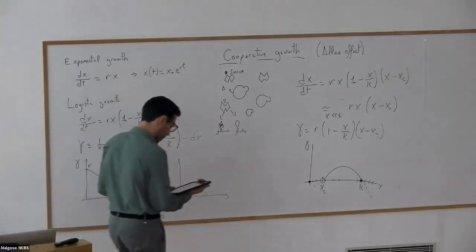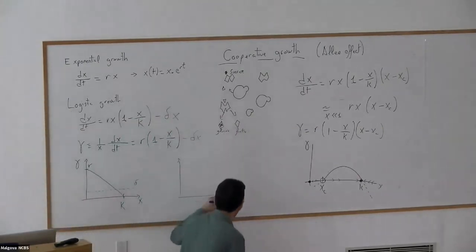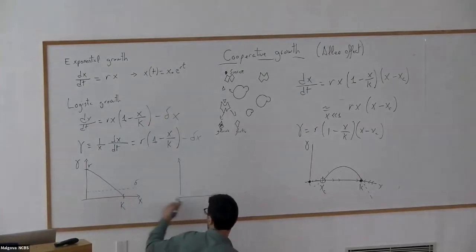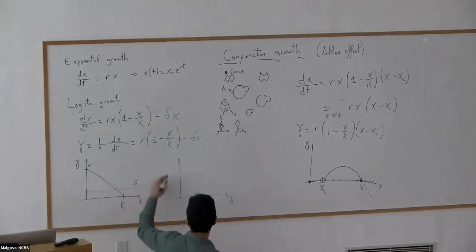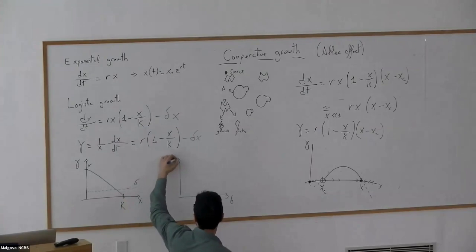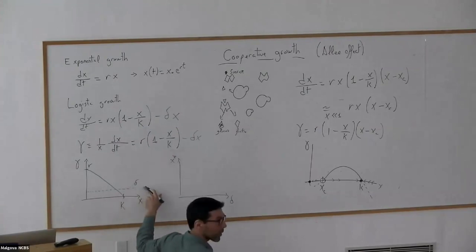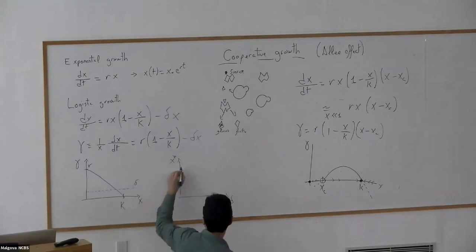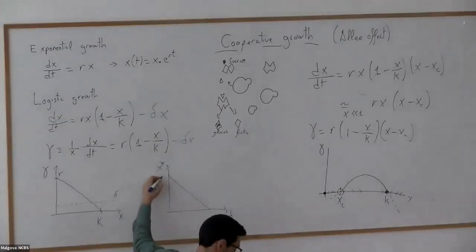So in this case, when we analyze how this X star depends on the added death rate, we have something like this.